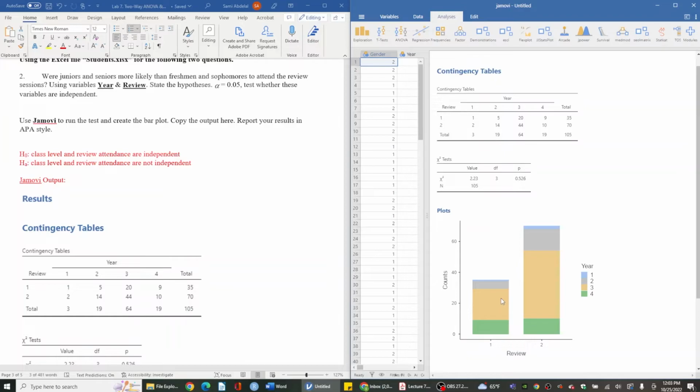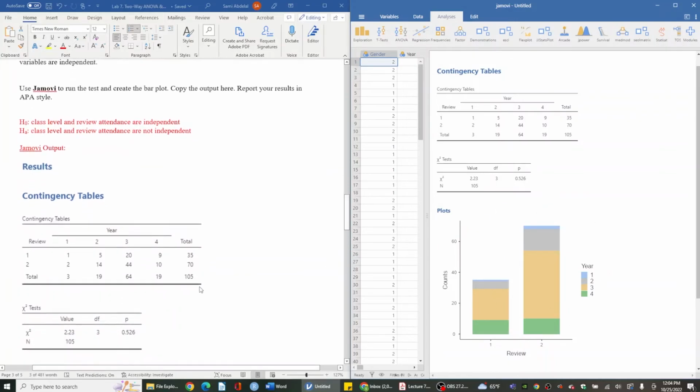And then also the proportions of the years of students and how it's kind of similar over here. Just looking at this plot alone, again, is not going to tell you what's going on with the data. You have to look at the quantitative aspect of it to know that it's not significant, so that you know what you're looking at over here.